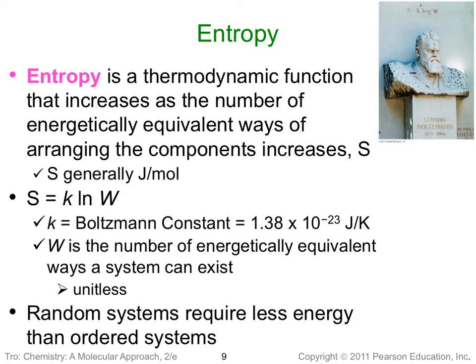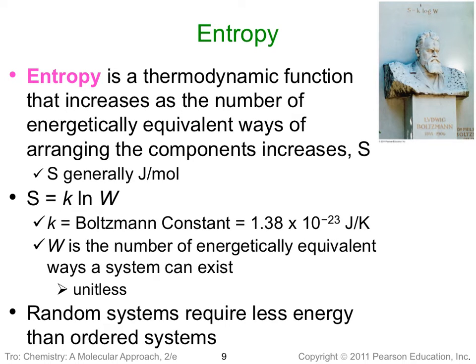So entropy is this thermodynamic function, and it increases as the number of ways in which things can arrange increases. Okay? So S is entropy, right? And it's generally described in joules per mole. Remember, enthalpy was kilojoules per mole, so enthalpy is the bigger factor.